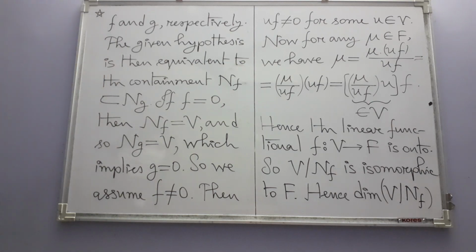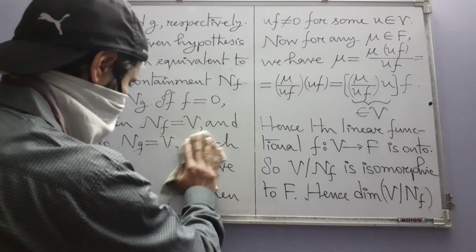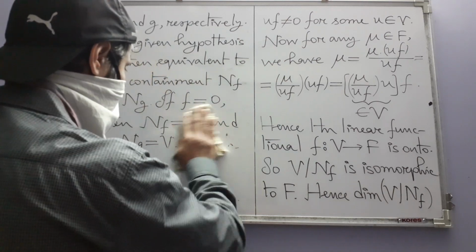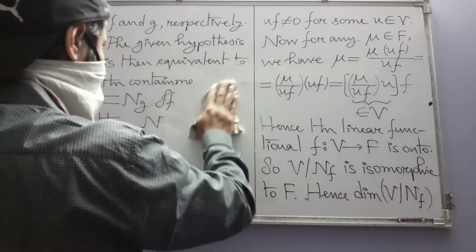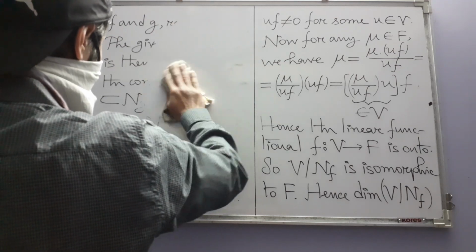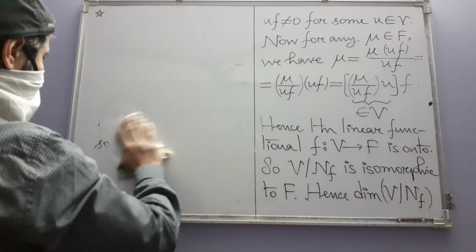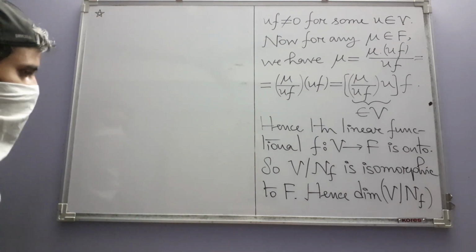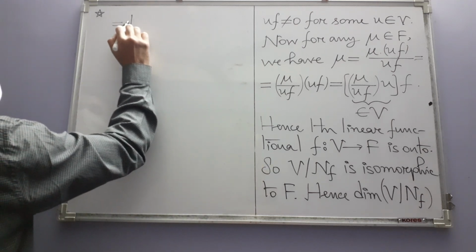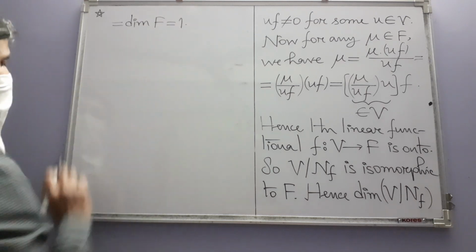This will be equal to the dimension of F. Because there is only one field involved, we are not writing a small f in the suffix here, because that denotes dimension over f. If multiple fields are involved, then we have to write that in order to avoid confusion. So this dimension is equal to 1.